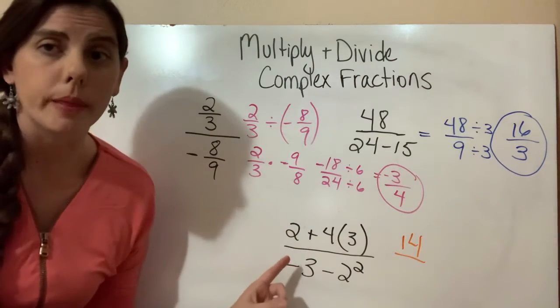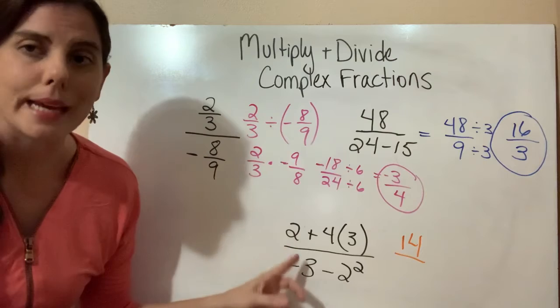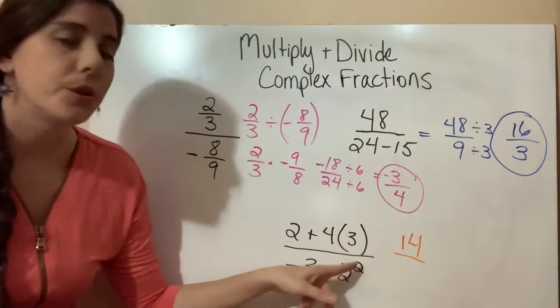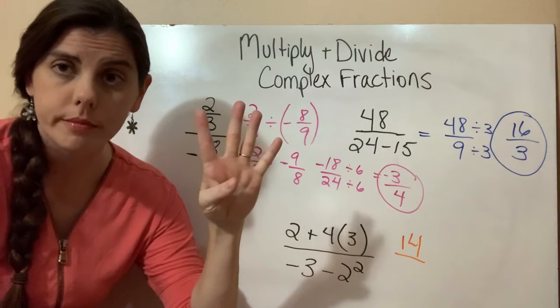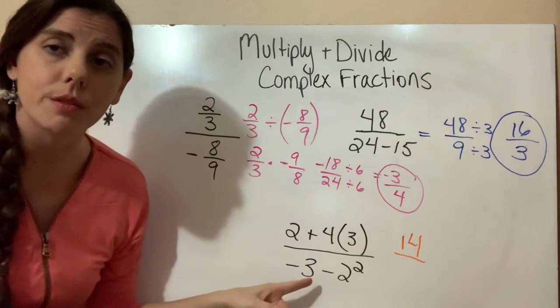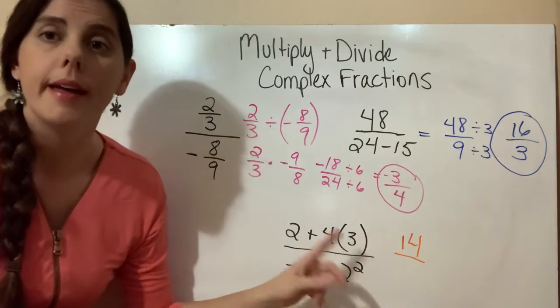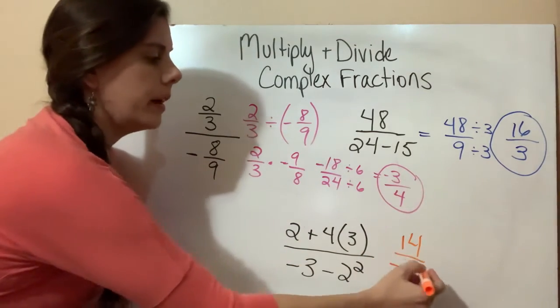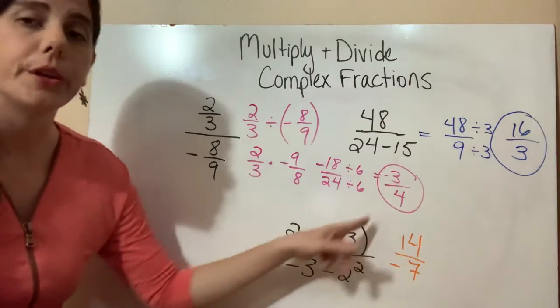And now we can look at the bottom. The bottom is -3 minus 2 squared. So 2 squared equals 4. So we can rewrite this as -3 minus 4. And -3 minus 4 is going to equal a -7. Can we reduce this?